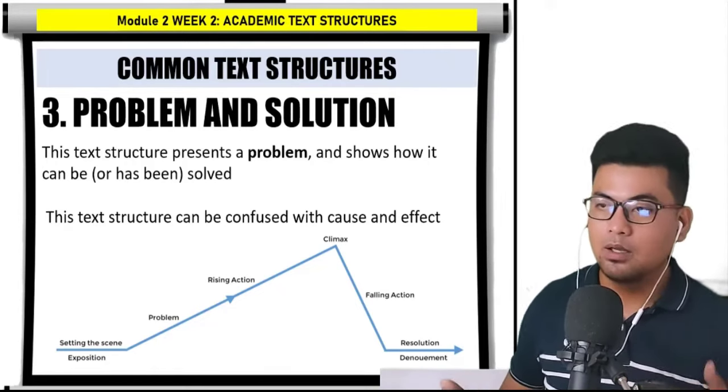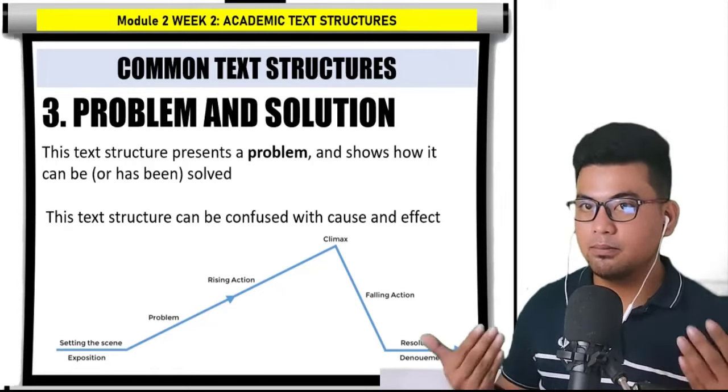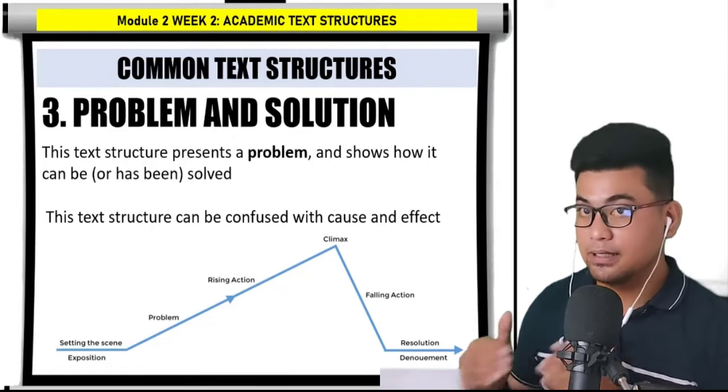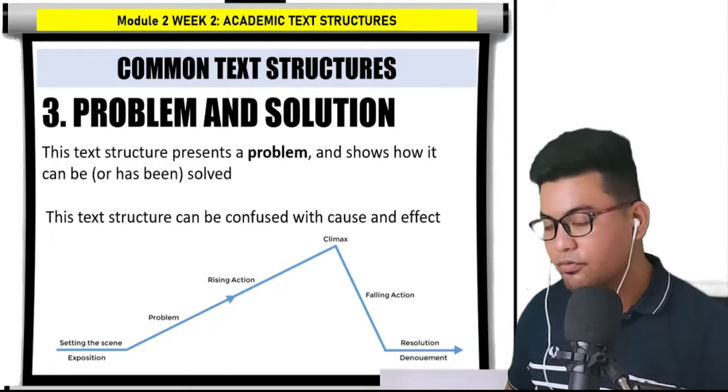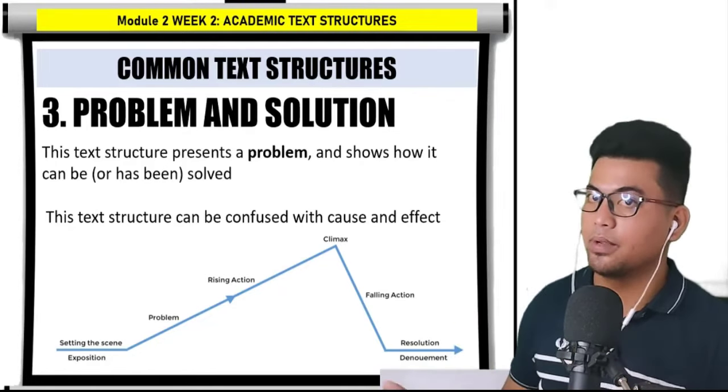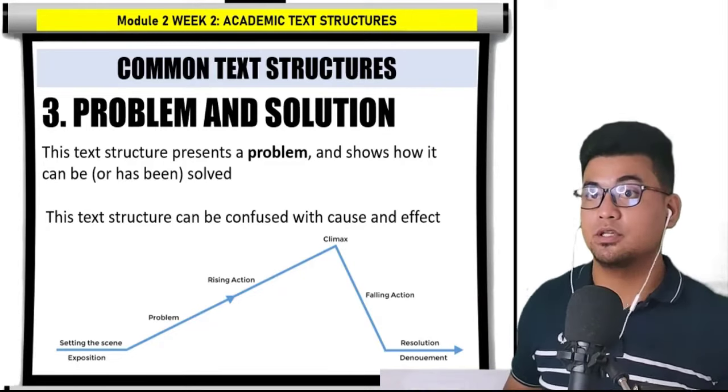So that's for example, our problem today is students cannot go to school and conduct classes in the campus with the teacher, of course, because of the ongoing pandemic. So what's the solution?